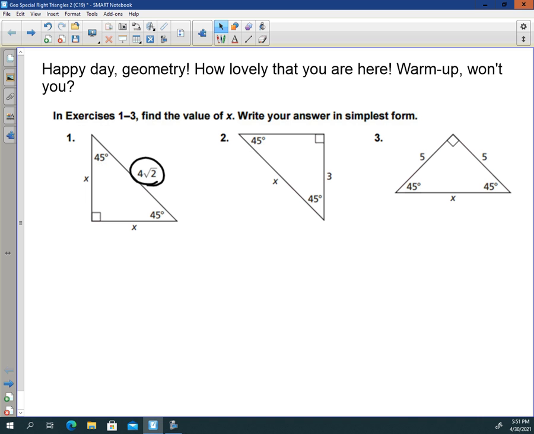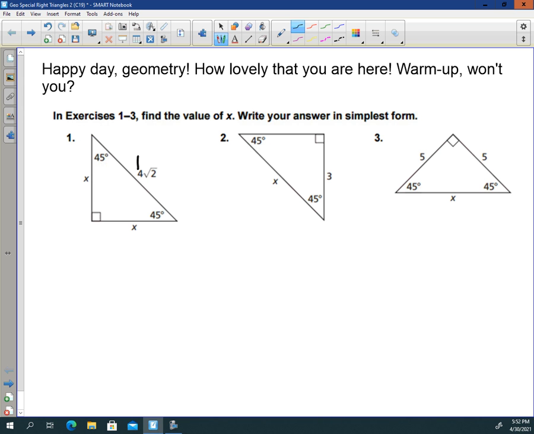For example, in number 1, if I know the hypotenuse of this 45, 45, 90 triangle is 4 times the square root of 2, which is just a way you say that number, then I can recognize that there's a postulate that says that a hypotenuse of an isosceles right triangle is where you take the side length and multiply it by the square root of 2.